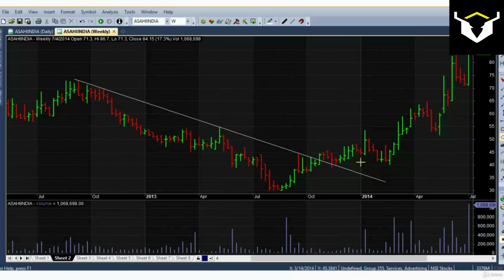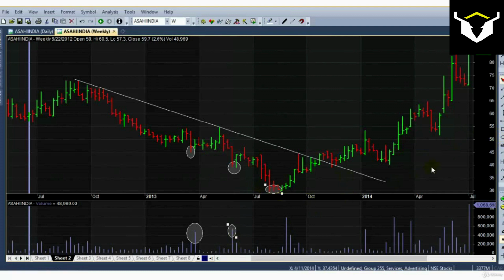Our next important rule is taking a look at volume. Every time there is a new low, you can see there is an increase in volume. There is a spike in volume. A new low here, a spike in volume. But when this low was made, you can clearly see there is no spike in volume.